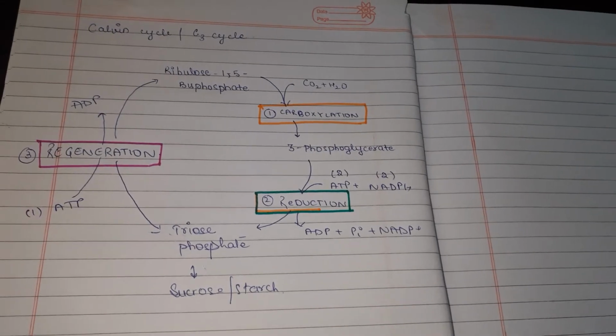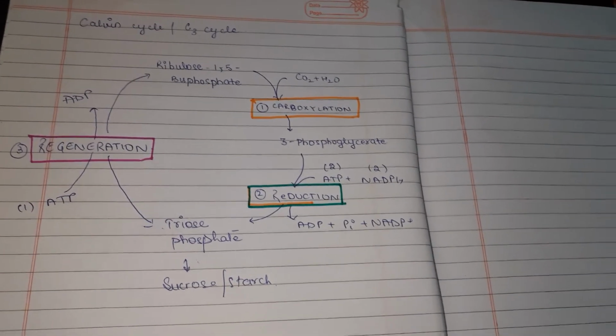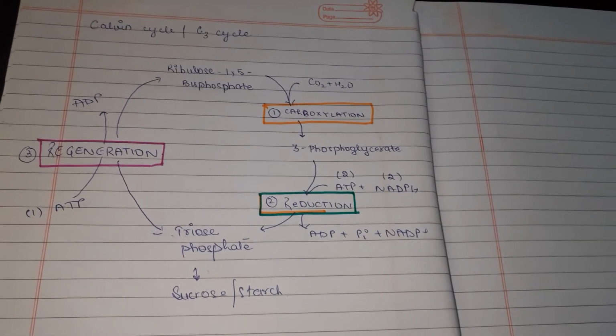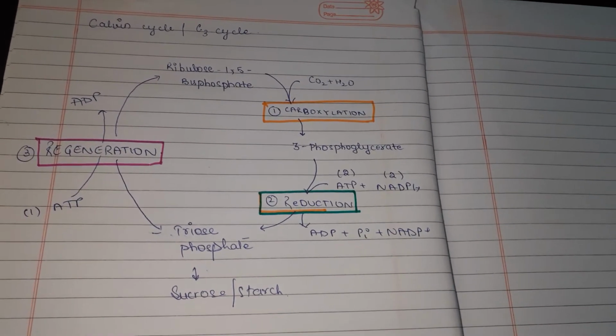So we say cyclic photophosphorylation takes place when only PS1 is functional. Why? Because PS1 has what? Chlorophyll with a peak at 700 nanometer, right?